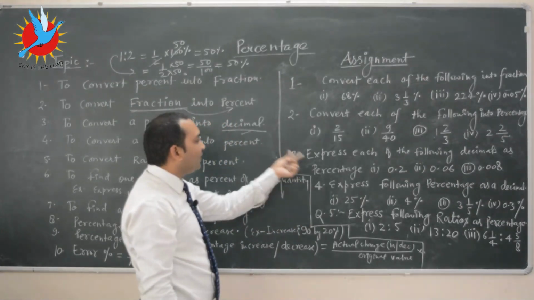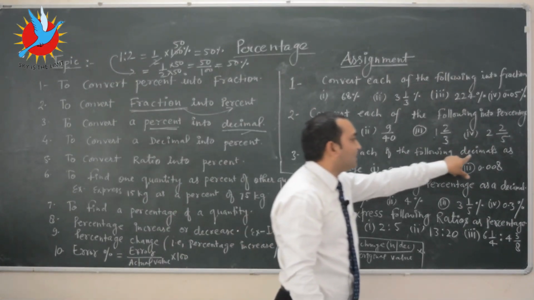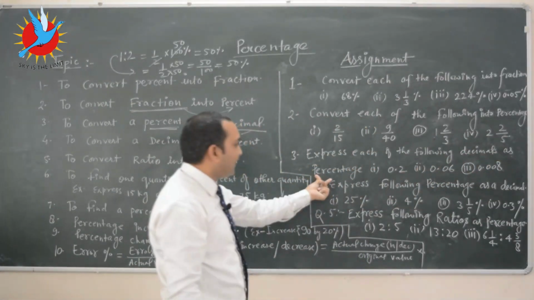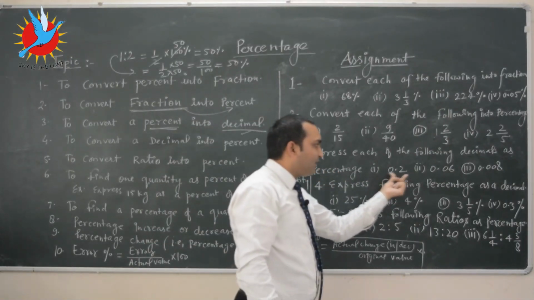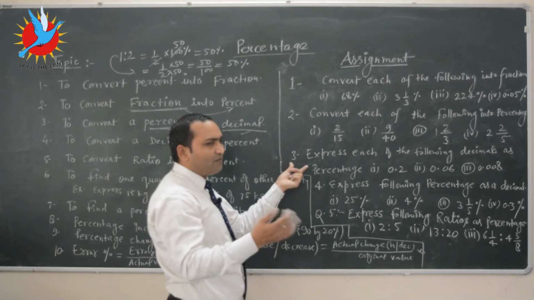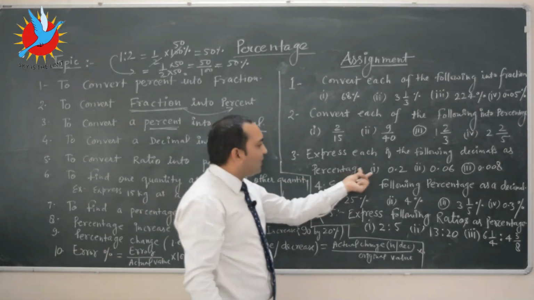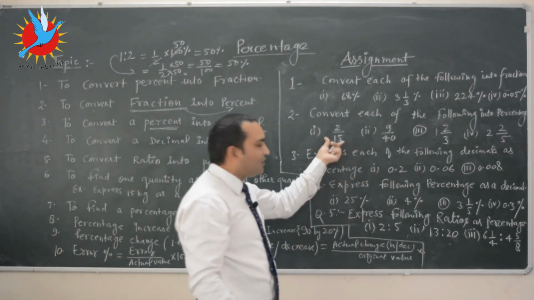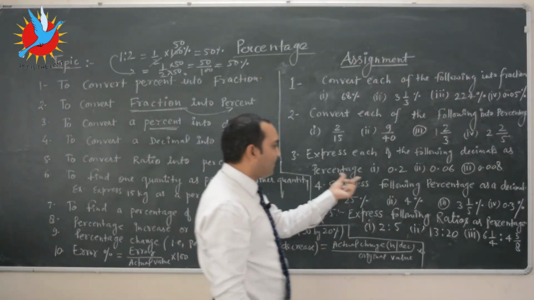Next, third one, express each of the following decimals as percentage. The decimal number is given, and we also learned to convert any number, either in decimal or in fraction, just by multiplying by 100%.